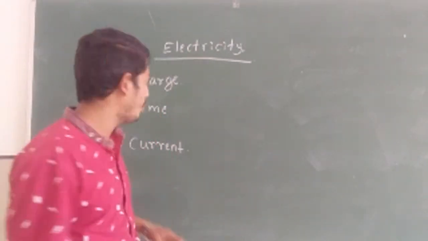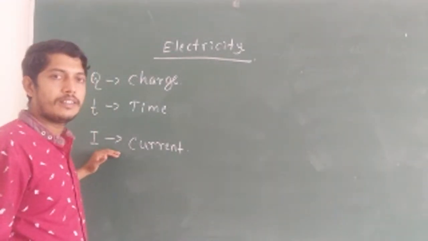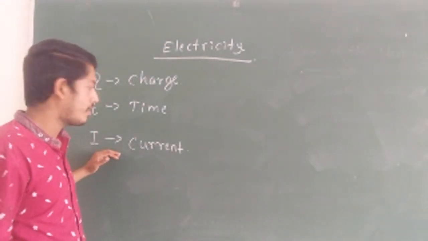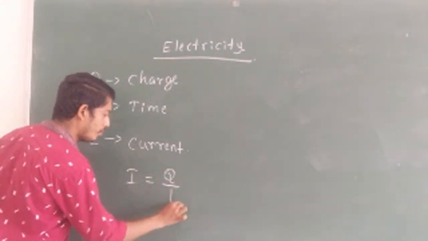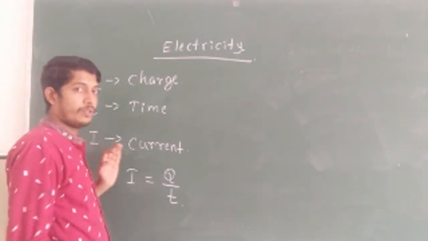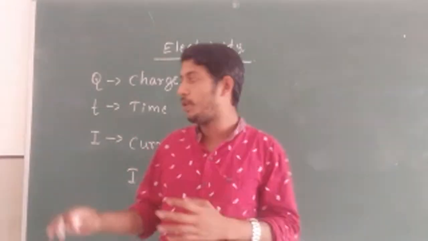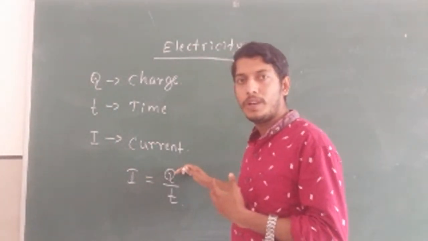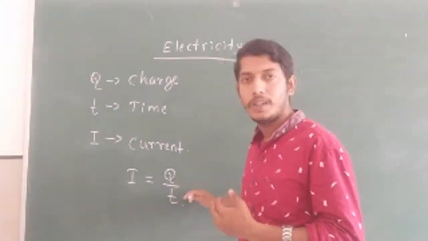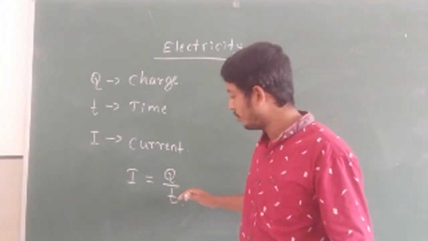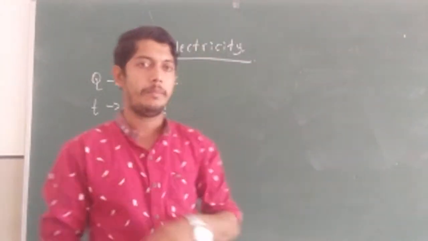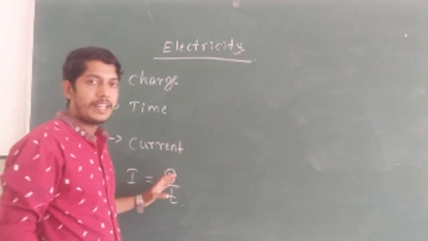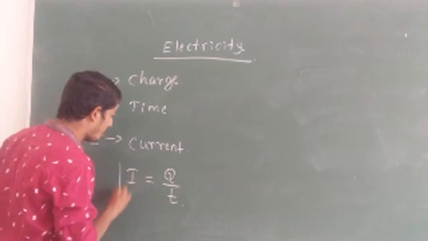So we can give a relation: I equals Q divided by t, that is the total charge flowing in a particular time. t is in the denominator and that represents per time. This is a very important relationship.